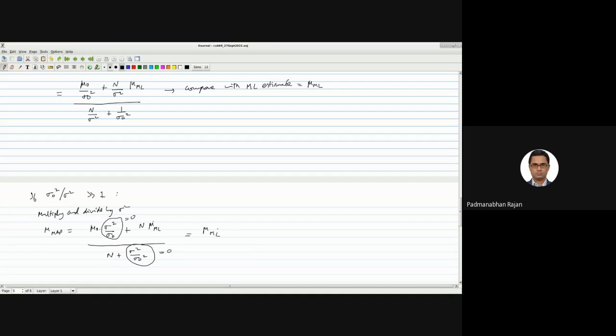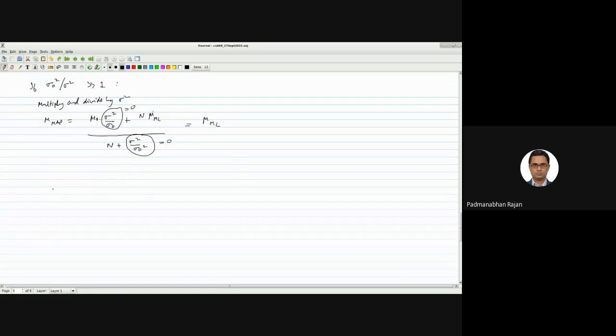Only if for certain values of mu there is a peak, that is, the variance is much smaller, so that some values of mu are very likely, only then will you get a significantly different value for the MAP estimate.